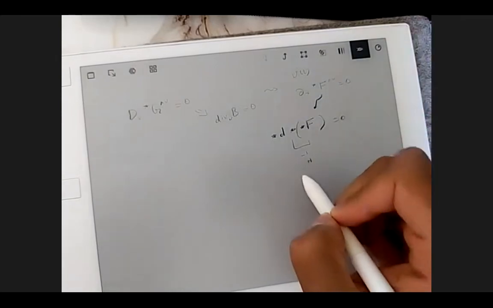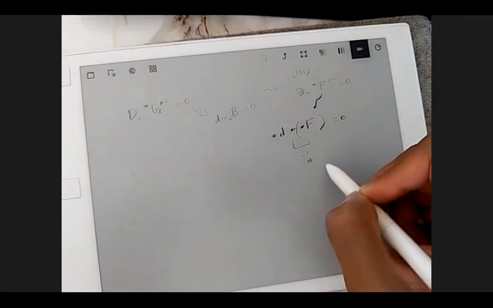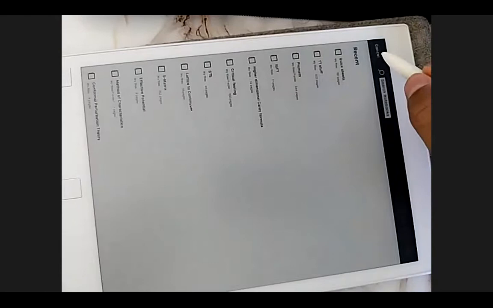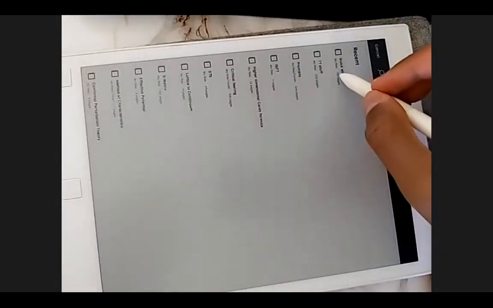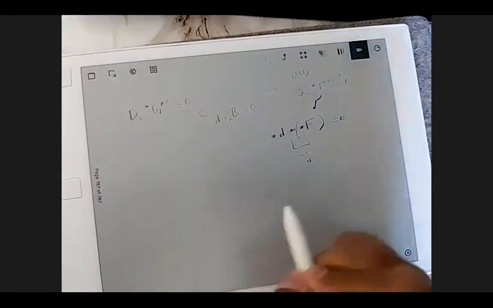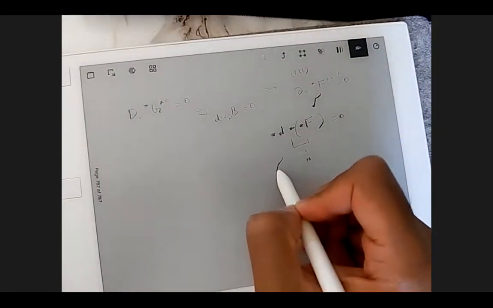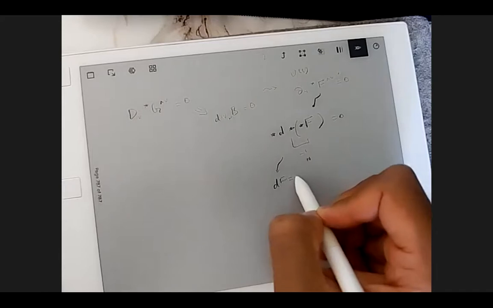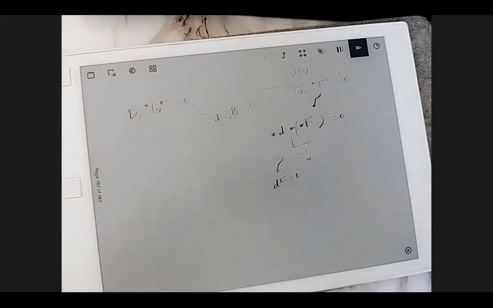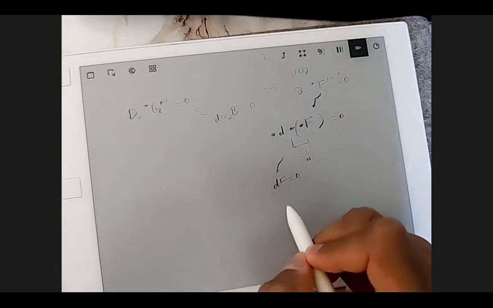But since there's 0 on the other side, basically this becomes df equals 0. So now we have to process df equals 0, right?